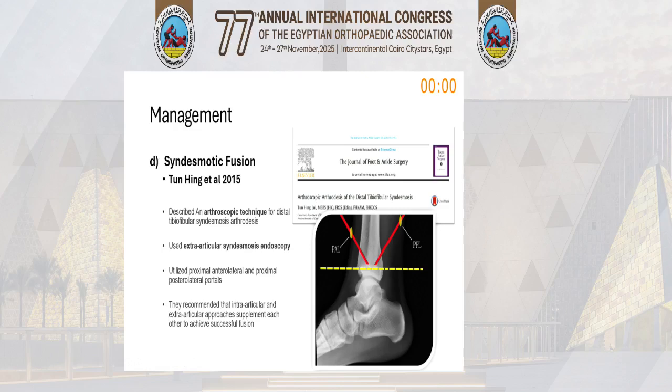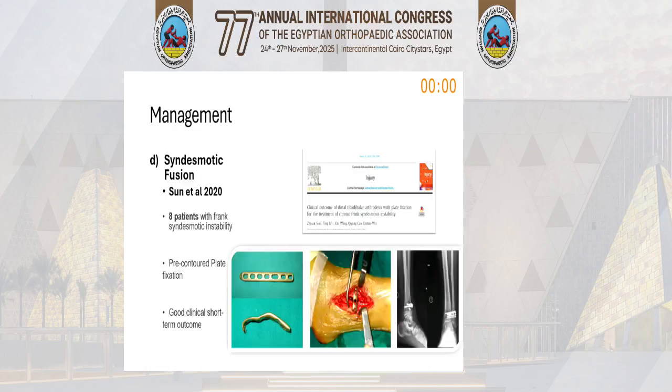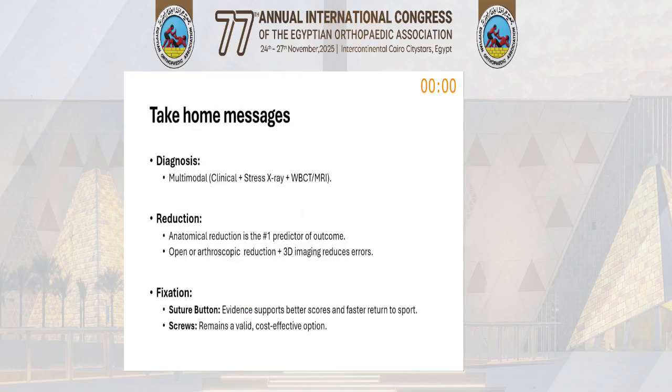He utilizes the proximal anterolateral and proximal posterolateral portals, and they recommend that intra-articular and extra-articular approaches can supplement each other to achieve successful fusion. Also, Song et al. in 2020, in 8 patients with frank syndesmotic instability, used pre-contoured blade fixation with good short-term clinical results.